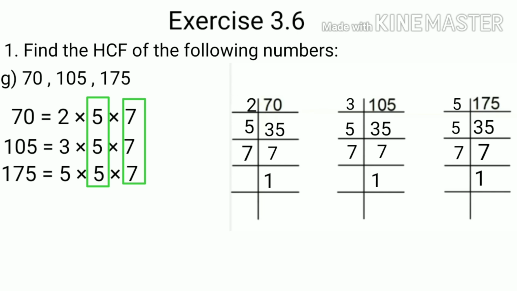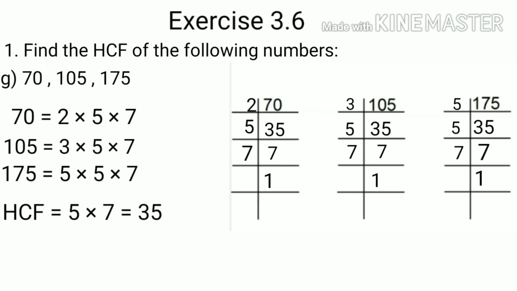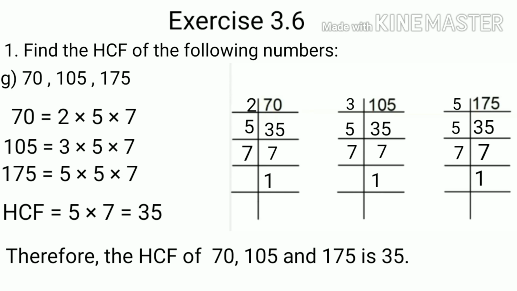So to find the HCF, we will multiply 5 and 7. So HCF will be 5 into 7, which is equal to 35. Therefore, the HCF of 70, 105 and 175 is 35.